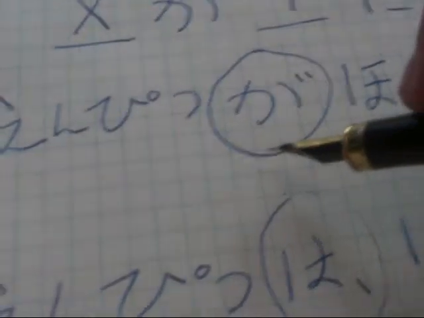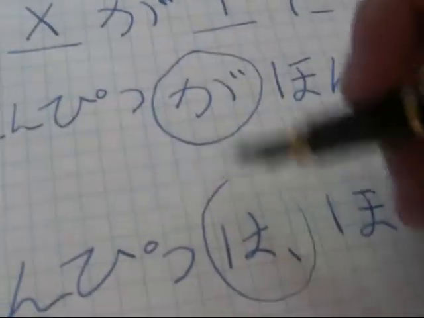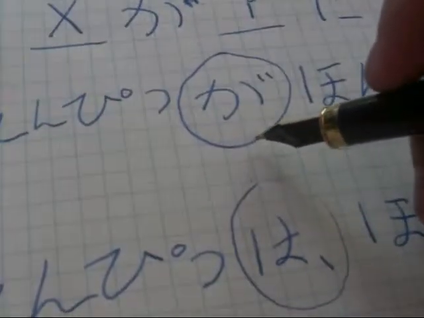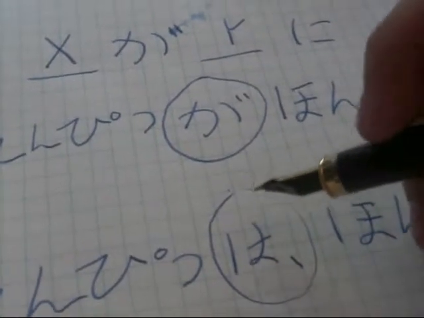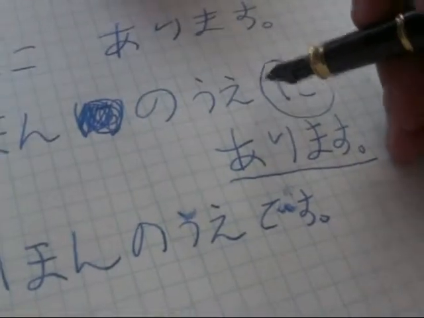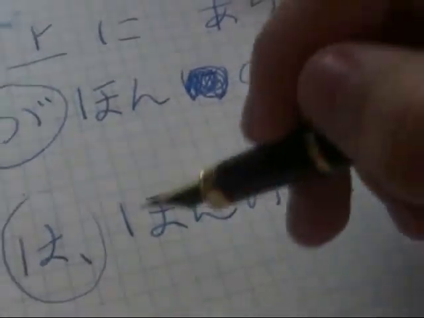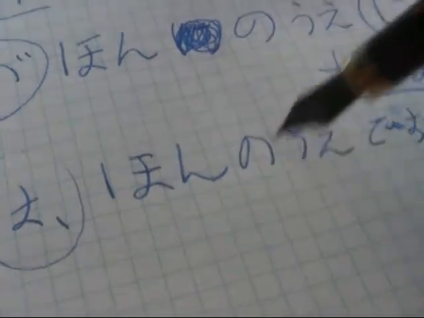I'm going to explain this a lot more in the next lesson, because I think the difference between wa and ga just serves its own lesson by itself. But ga is introducing new information, and wa is talking about something that you already know about. And here, ni is giving you a sense of direction. So des is more of the pencil, well, it is whatever is on top of the book.